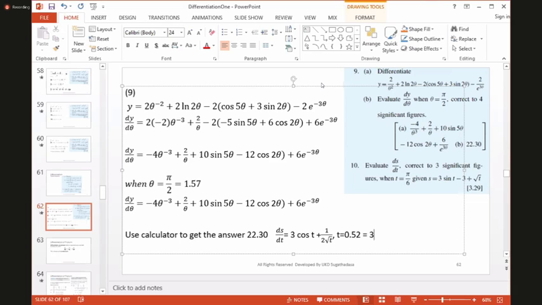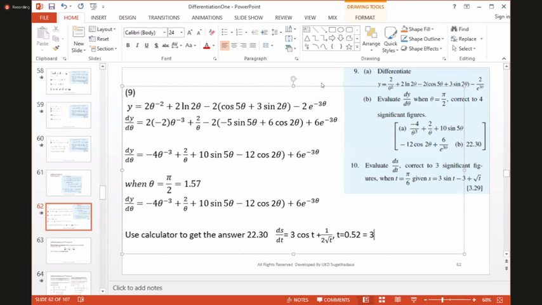It's a radian setting. You have to apply that one. Then I will show you after typing the cos function. You want to calculate cos 0.52.